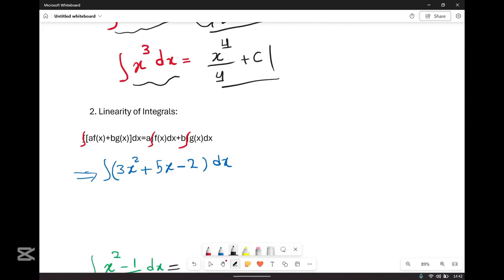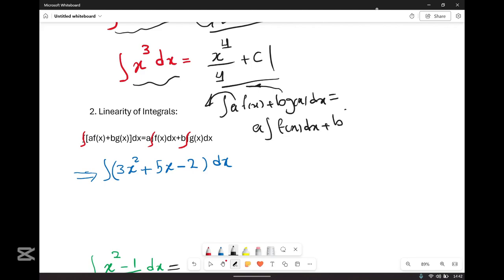What is linearity in integration? For example, you have the integral of a f(x) plus b g(x) dx. You can separate this integration, and a and b are constants. Therefore, we can write it as a times the integral of f(x) dx plus b times the integral of g(x) dx.